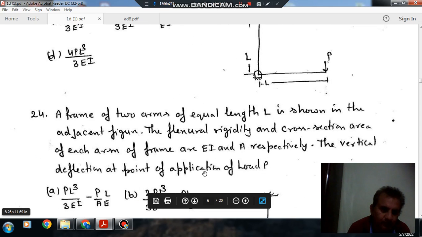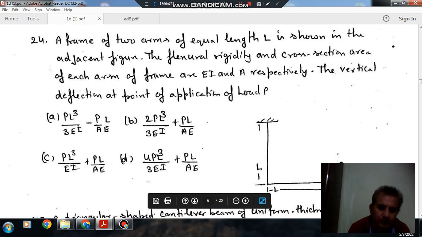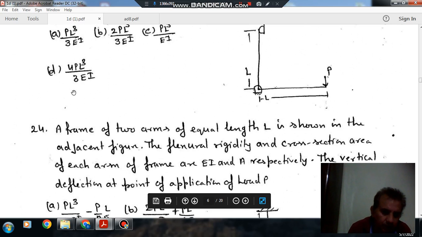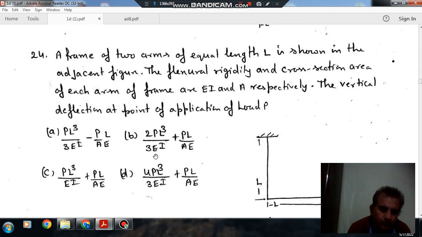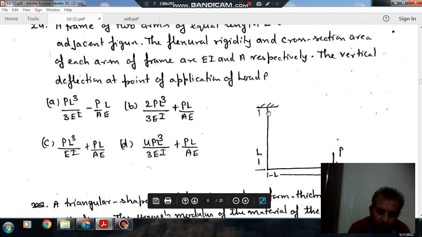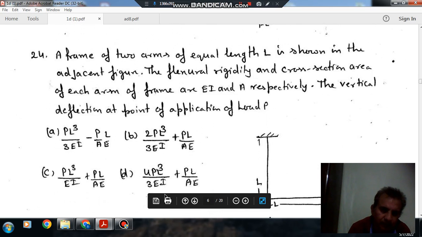Find the vertical deflection at the point of application of load P. So this is the same question that we have discussed right now. Just the deflection of this part due to direct loading is also involved.